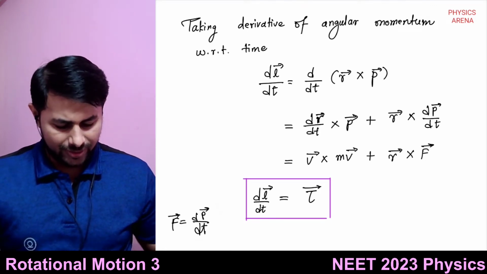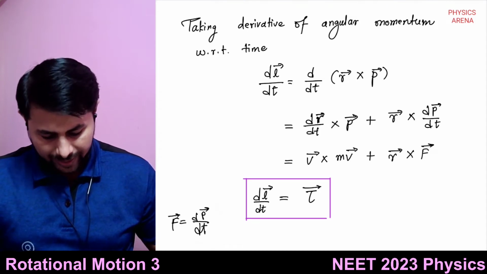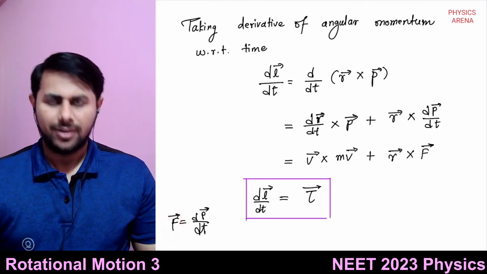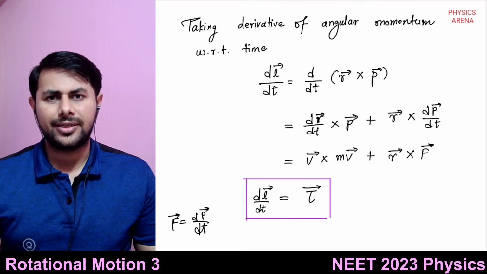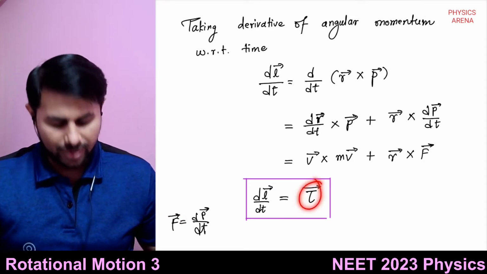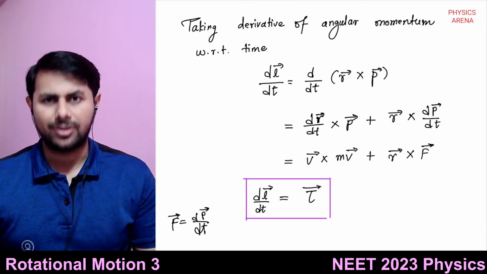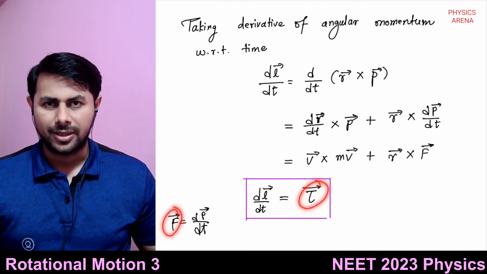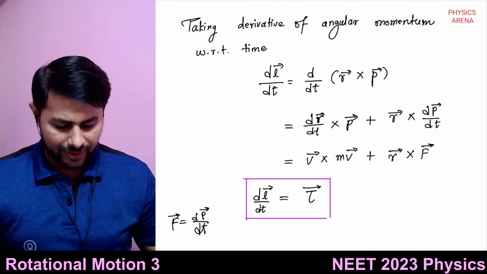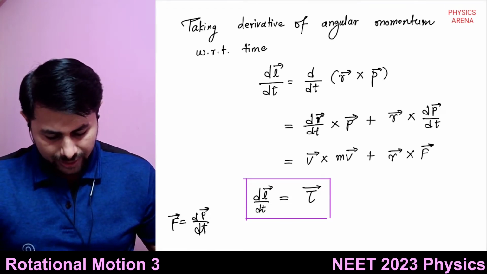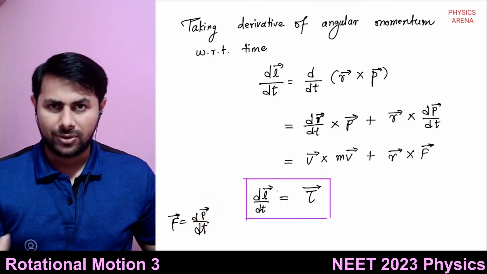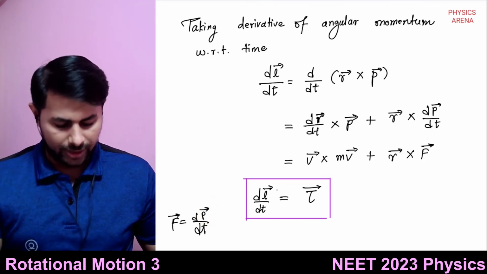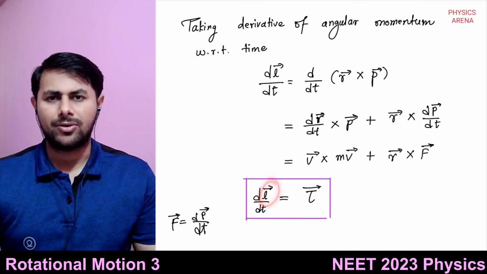So just like force governs the state of linear motion, torque governs the state of angular motion or rotational motion. So torque is the analogous quantity of force. And now can you clearly see that the analogous quantity of linear momentum for angular motion or rotational motion is angular momentum.